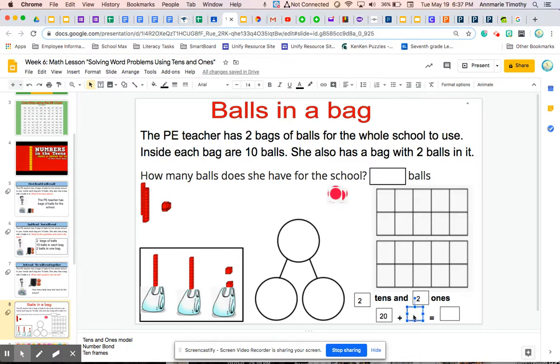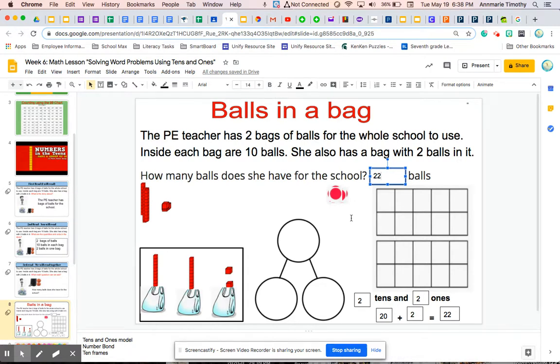And 2 ones is the number 2. So how many balls does she have for the school? 20 plus 2 is 22. So I'm going to put my answer up here. She has 22 balls for the school to use. Now that was using our 10 frames.